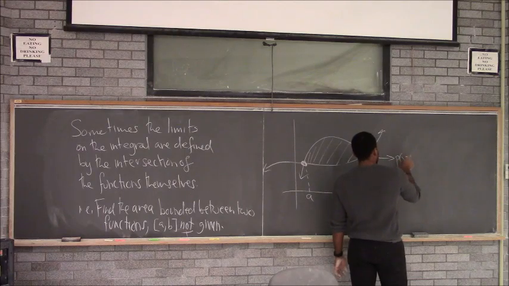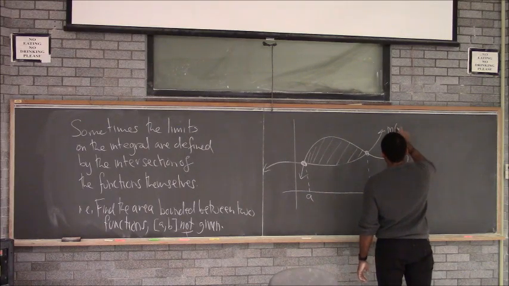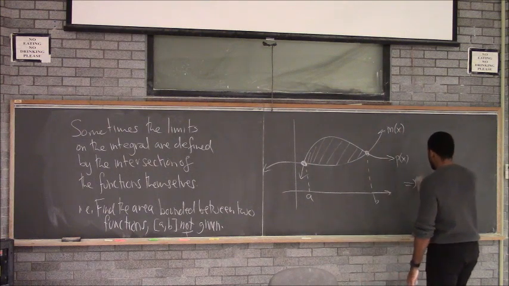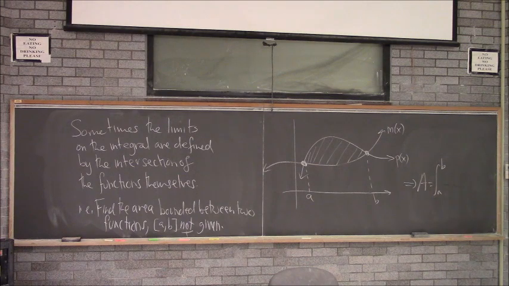This is say p of x, and this is m of x. In this case, the formula for area would be, what would we integrate? Yeah? f of x minus p of x.